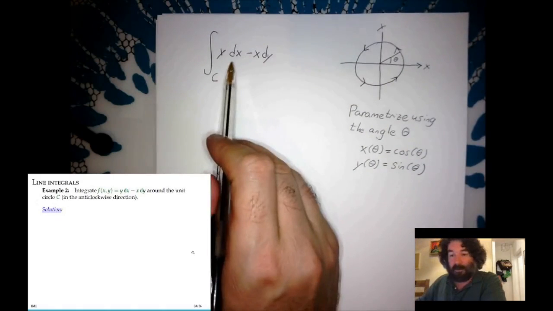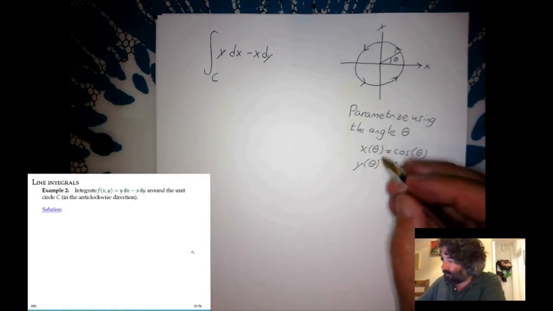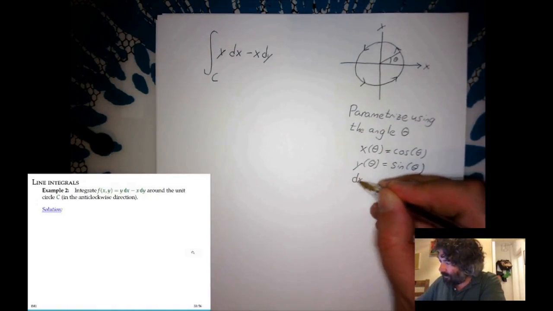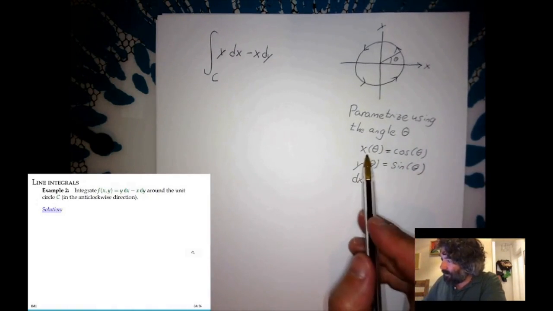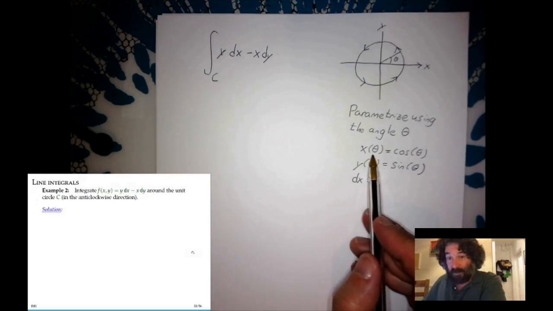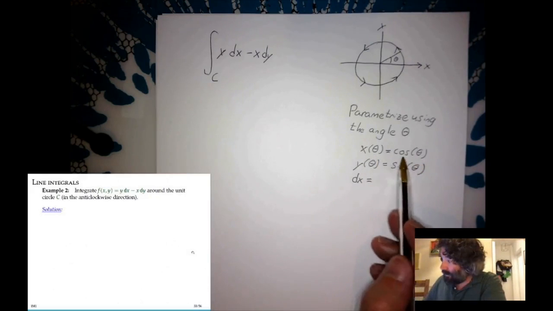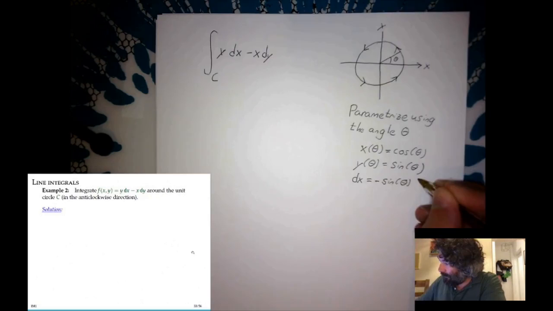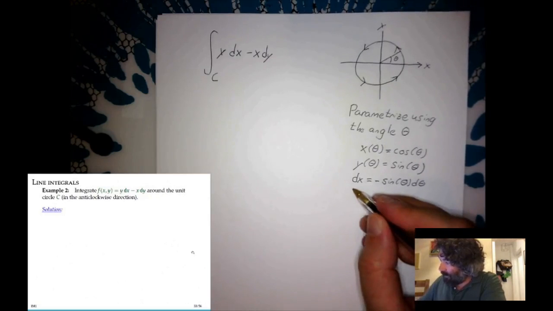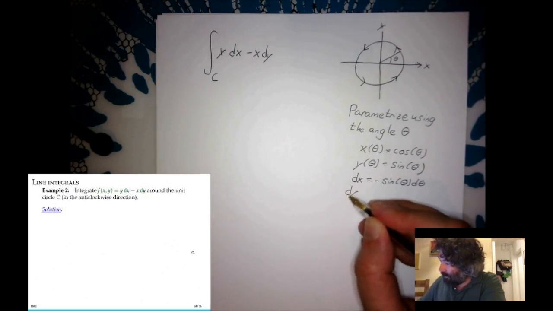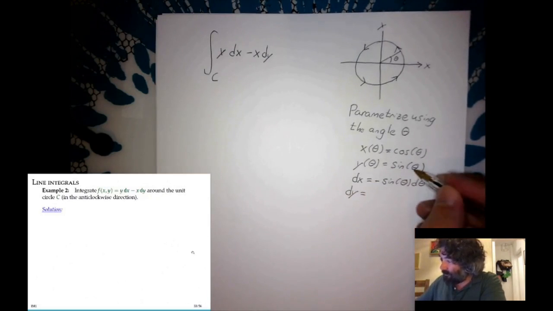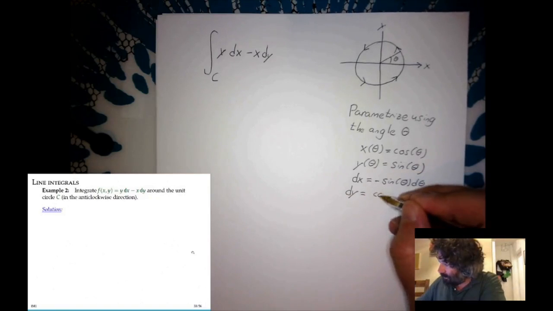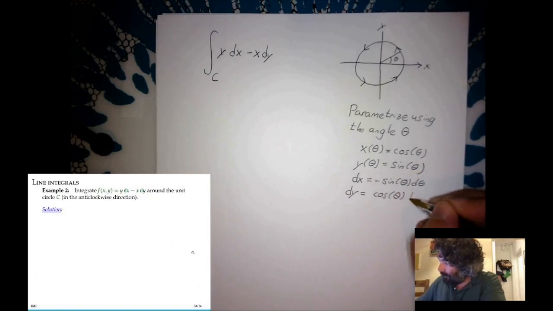Right, and then we have to know what are dx and dy in order to do this line integral. So dx is x prime of theta times d theta, and so that will be negative sine of theta d theta. And what is dy? dy is derivative of sine with respect to theta, d theta. So cosine of theta d theta.